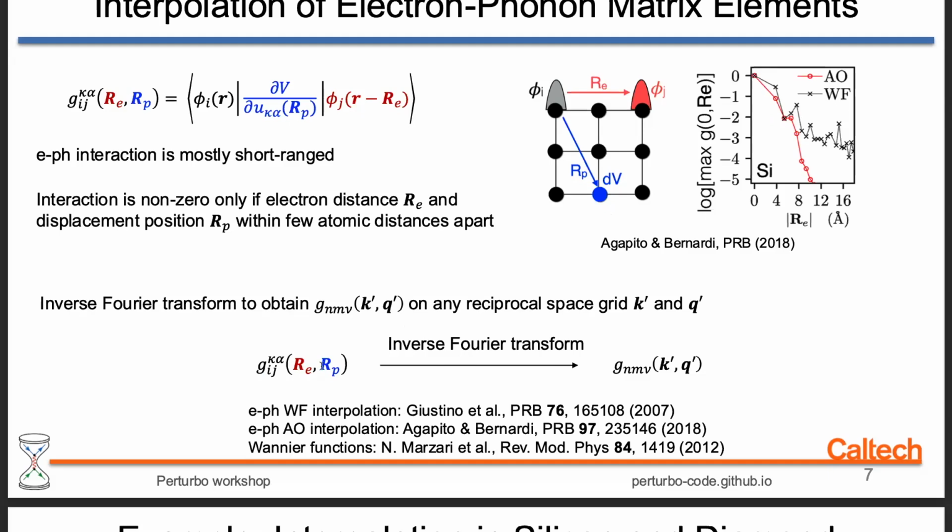This method was first developed by Feliciano Giustino, Martin Cohen, and Steve Louie in 2007. Then for atomic orbitals, it was developed in the Bernardi group. There are several good review articles on Wannier functions and the associated computational methods. Here is just one of them.